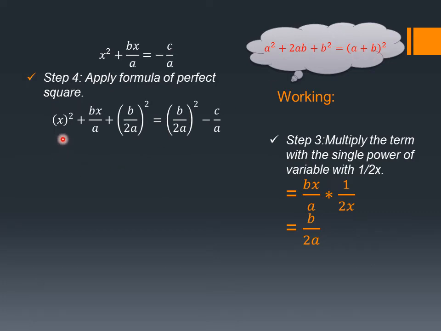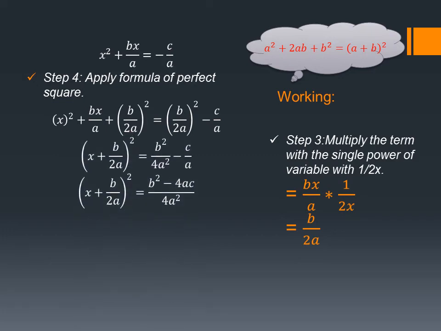You can see that a is x and b is b by 2a, so x plus b by 2a whole square is equals to, I have opened this bracket, so it will become b square over 2a whole square, which will be 4a square, minus c over a. In the next step, we will take the LCM of the right hand side. It would become b square minus 4ac over 4a square.